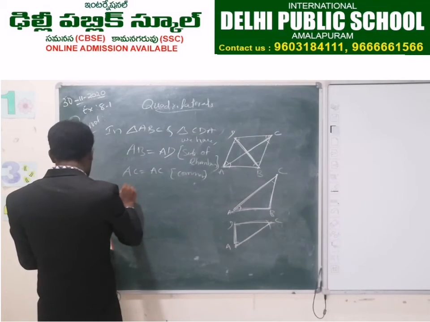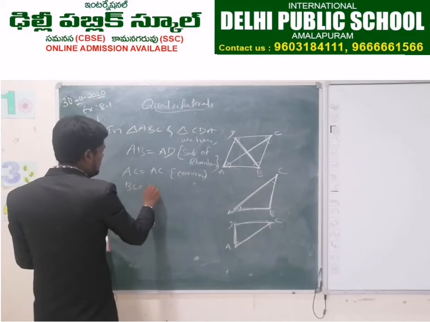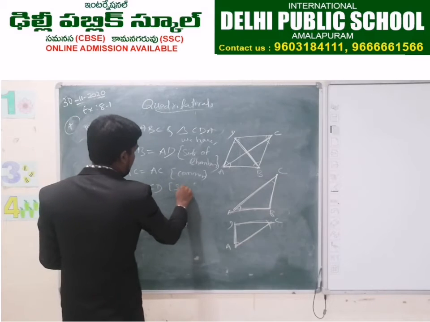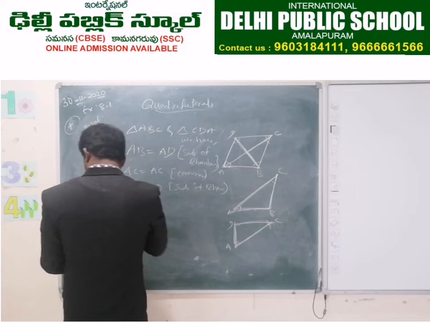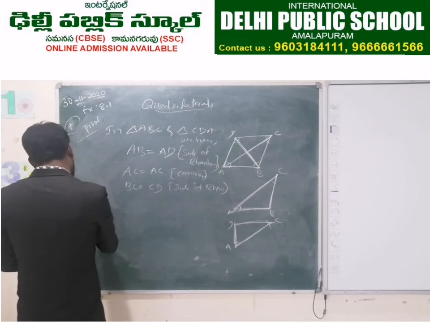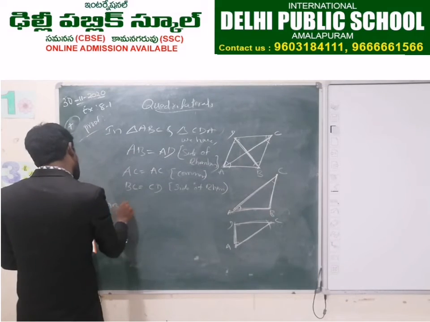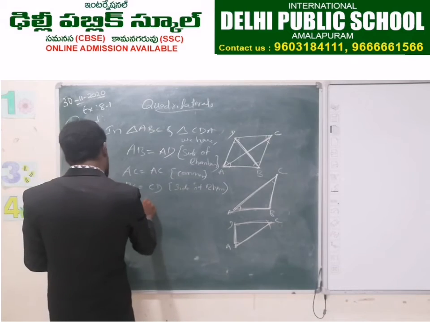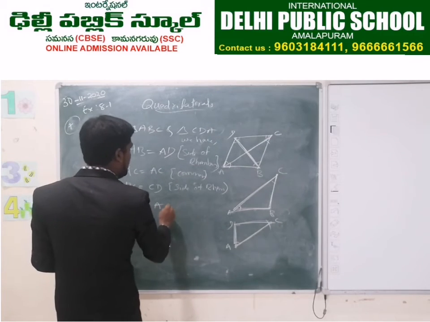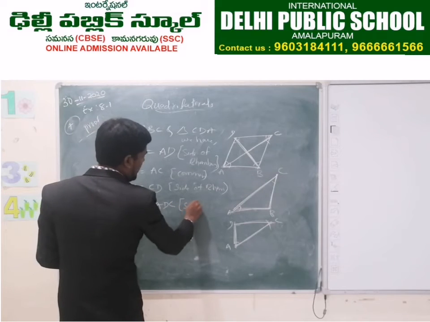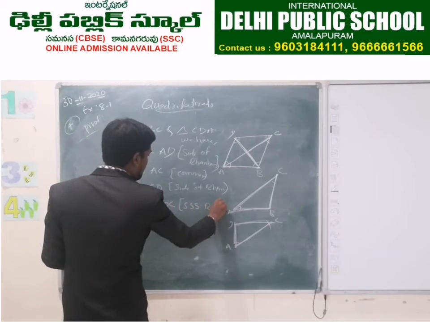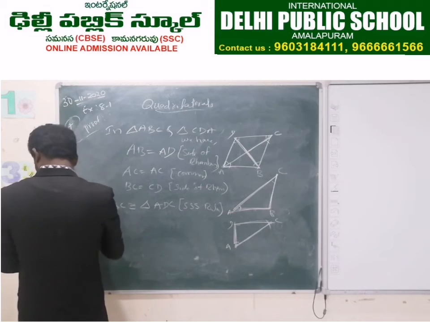Next, BC is equal to CD, that is also a side of rhombus. So, triangle ABC is congruent to triangle CDA, or ADC also we can write, by using SSS congruence rule.